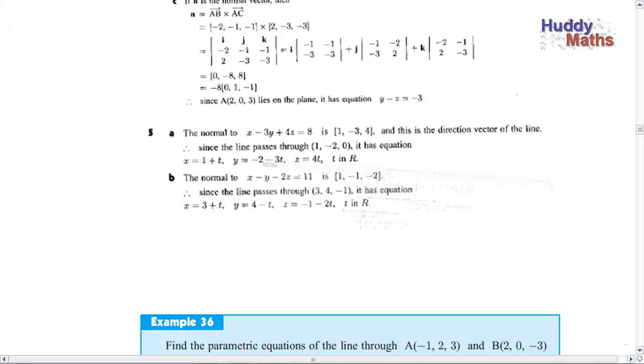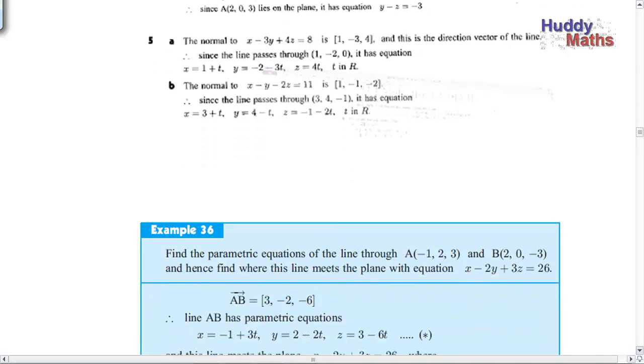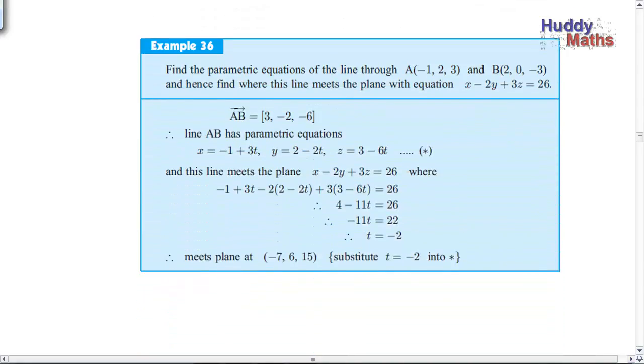Okay, let's go on and see what more we can do now we've got this equation of the plane. And of course, one thing that I mentioned in the introduction is what you might like to do is to find where a line meets the plane. So we have a line defined by 2 points and meeting the plane.